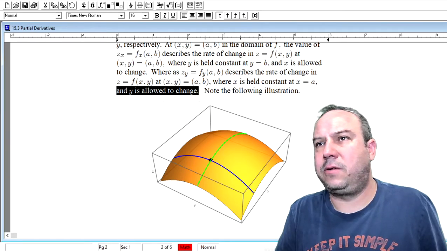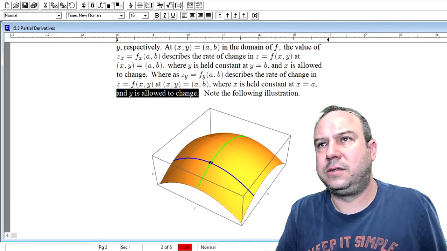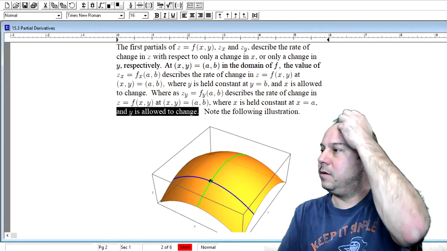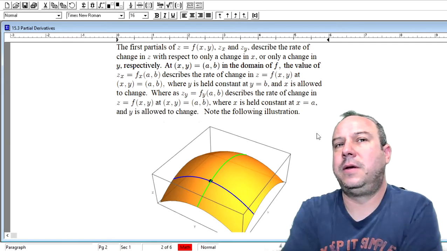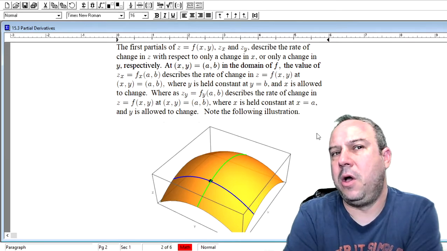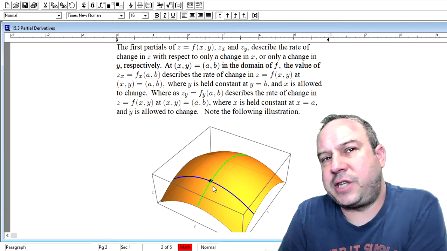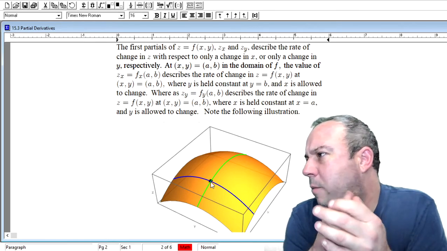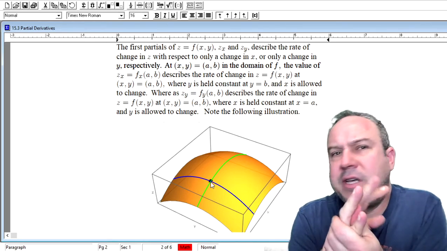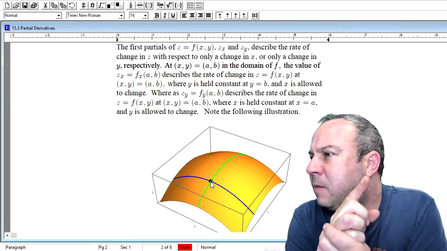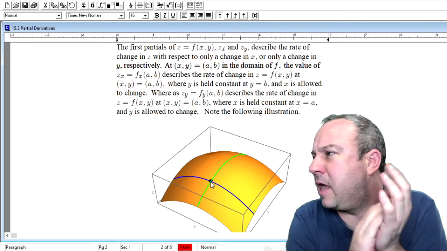And then I say, note the following illustration. All right. Note this illustration here, folks. What we see in this illustration is a point on our surface. Where again, if we go back to how all this opened, folks, there are an infinite number of ways to pass through that point on that surface.